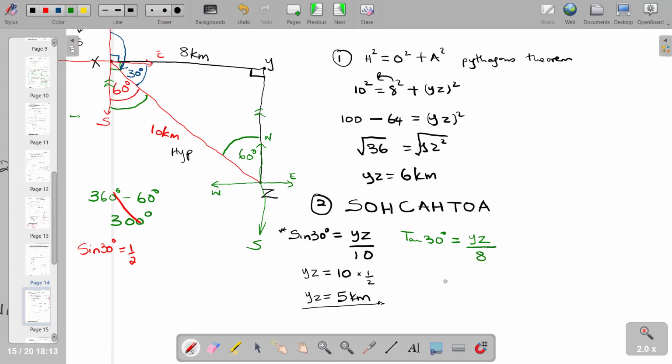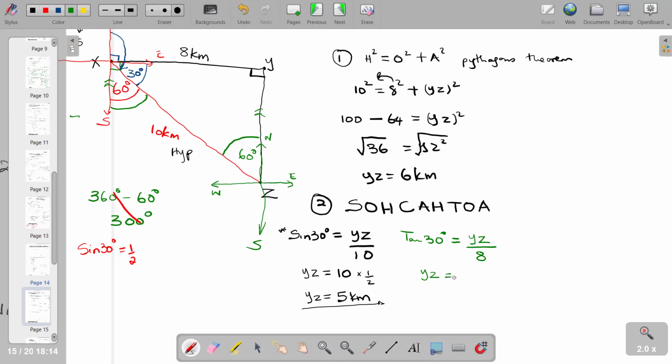So it will mean that you were able to get your yz to be equal to, remember 30 is a special angle, you are supposed to be knowing tan 30 by heart, though you can do the calculations. So the tan 30 is giving us root 3 over 3.